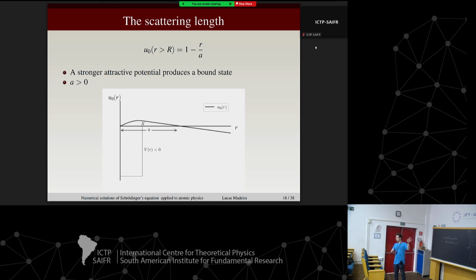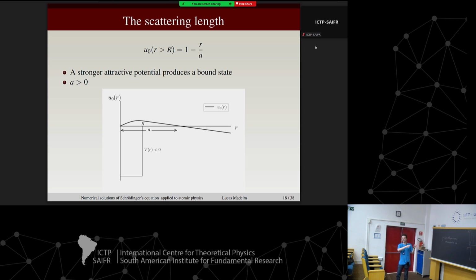Yeah, but the distance continued increasing, so how is it a bound state? Okay. Remember that this is the reduced wave function. I still need to divide by r to get the radial function. And r is going to increase pretty fast, okay? What I want to say is this is a general discussion with pictures.